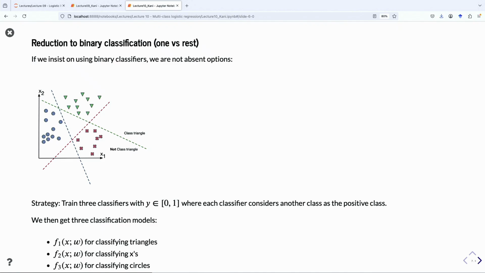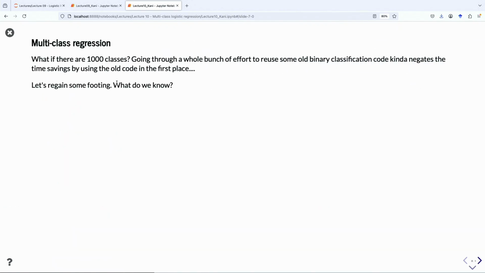And if you have like 1,000 classes, training 1,000 different classifiers is kind of insane, right? At a certain point, the amount of work you save by not writing a new classifier code is far, far, far less than the amount of work you're putting in to generate 1,000 different classifiers, right?